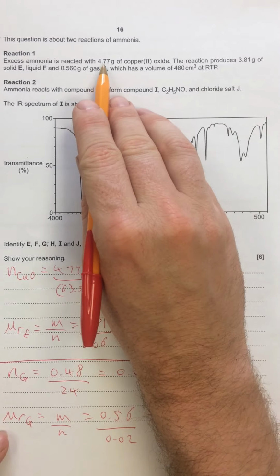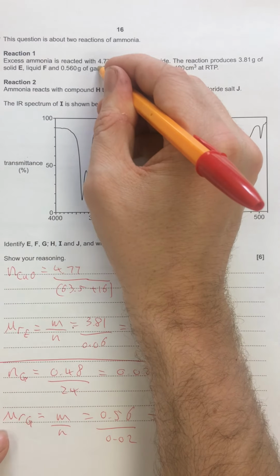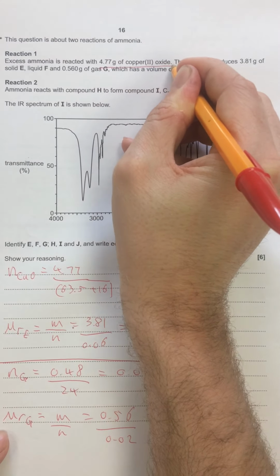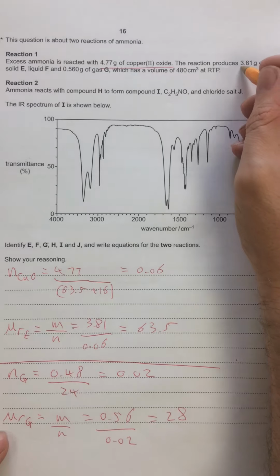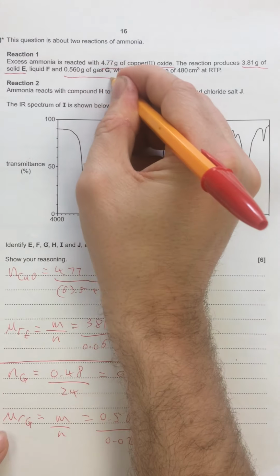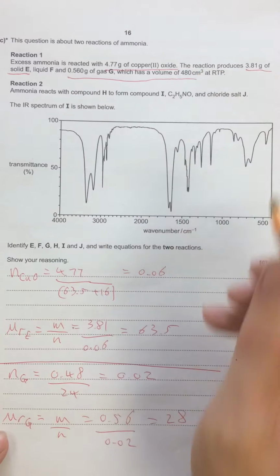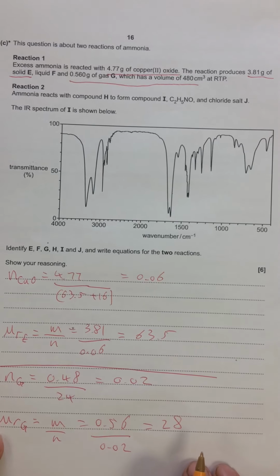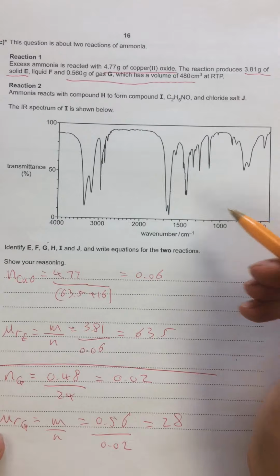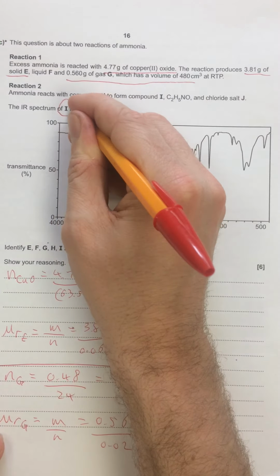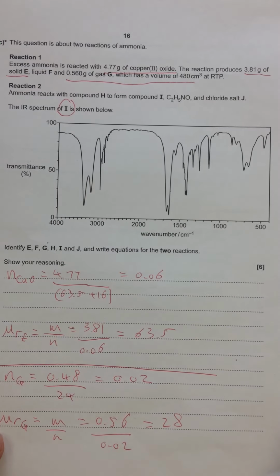So not just 4.77 grams of copper oxide, 3.81 grams of solid E, and then we have a mass and a volume of gas G. And then it's worth realising as well that this infrared spectrum is about chemical I.